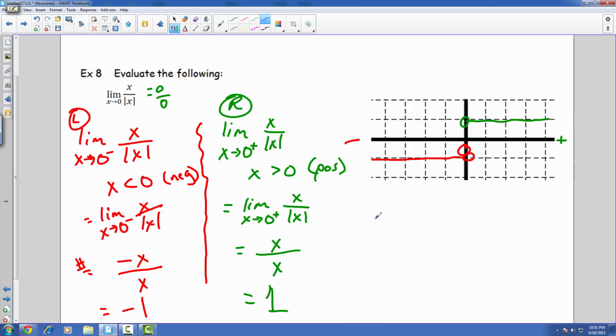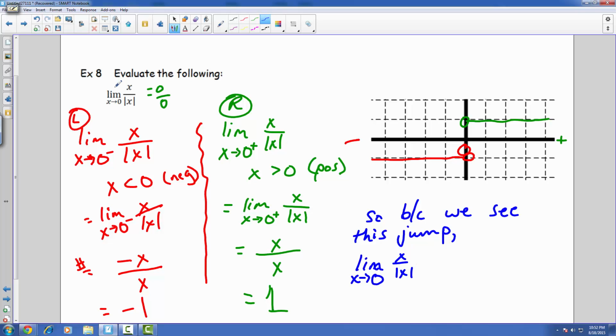So because we see this jump, then the limit as x approaches 0, not specifying left or right, of our function x over the absolute value of x, again just because our original function wasn't specifying left or right, will simply come out to be does not exist.